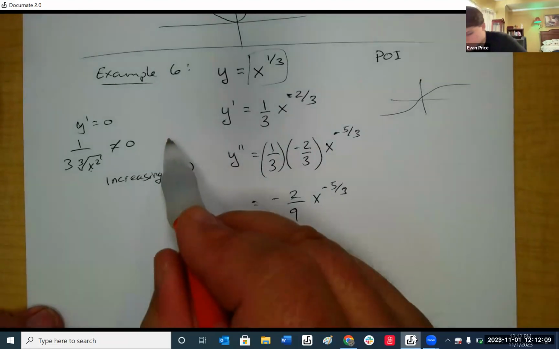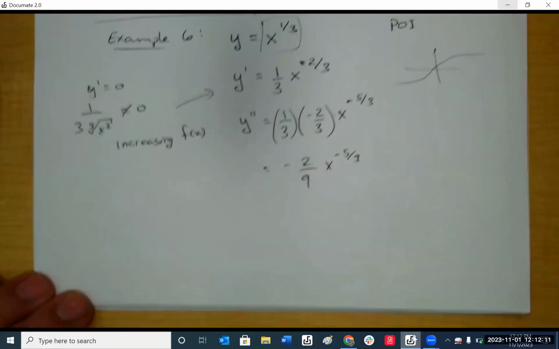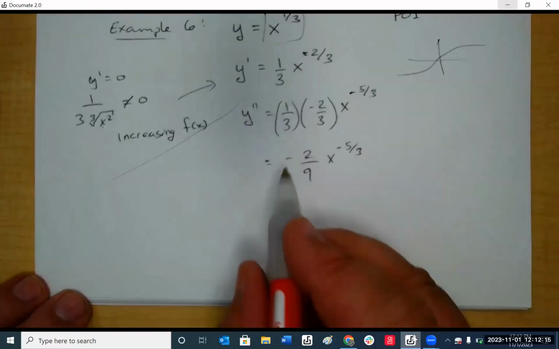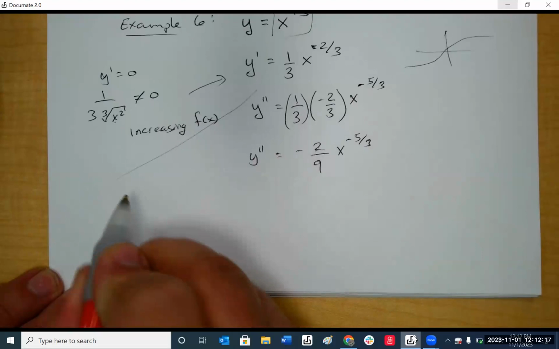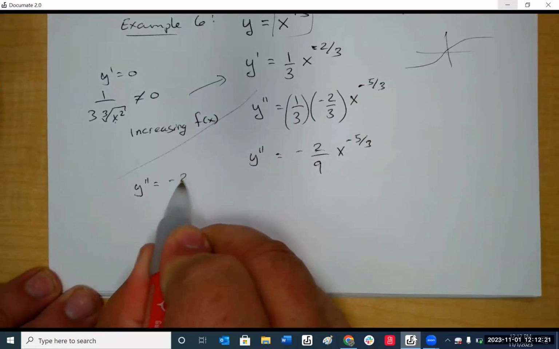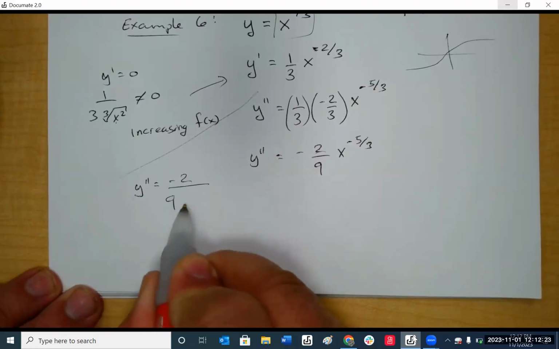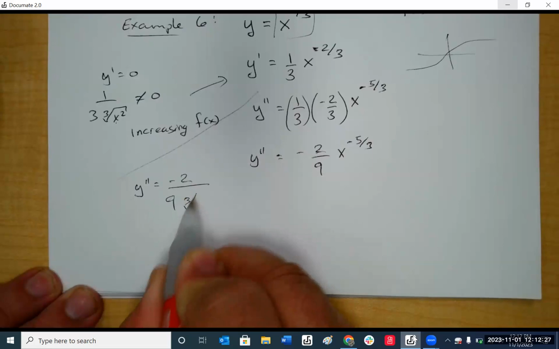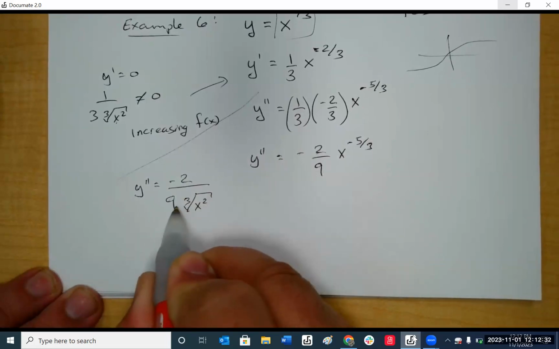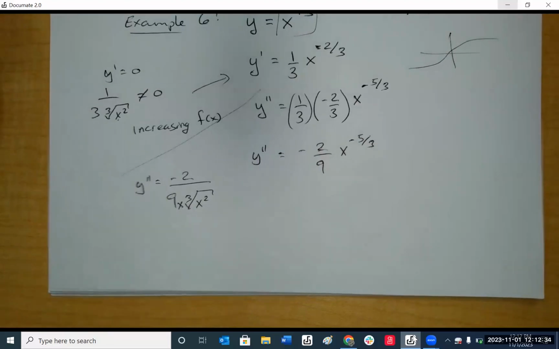So that's what the first derivative tells us. The second derivative, set it equal to 0, we can't. -2/9 over 9x cube root of x squared.